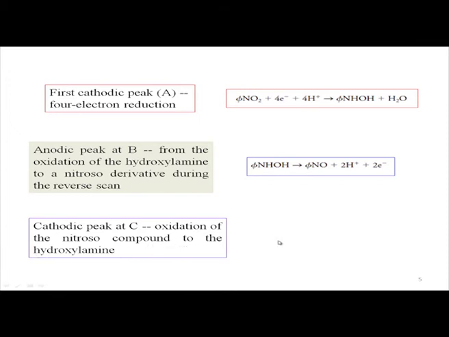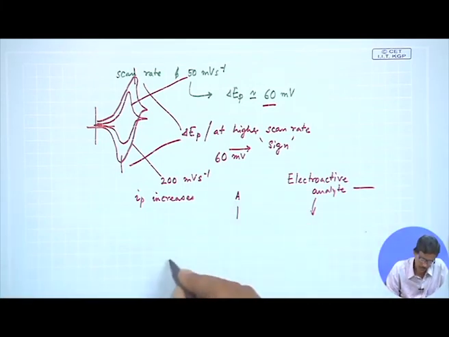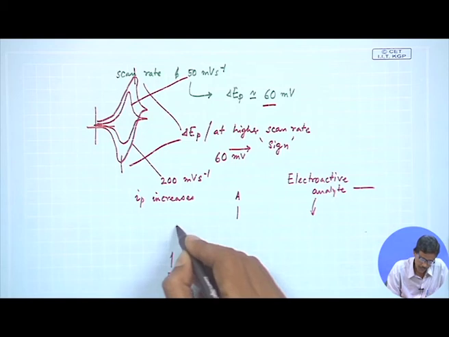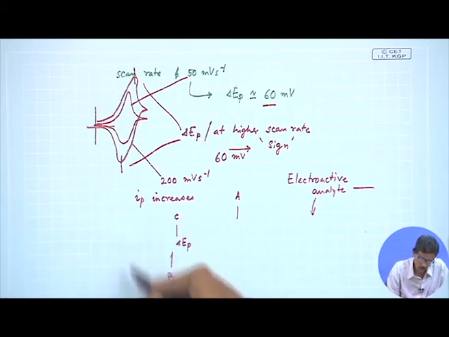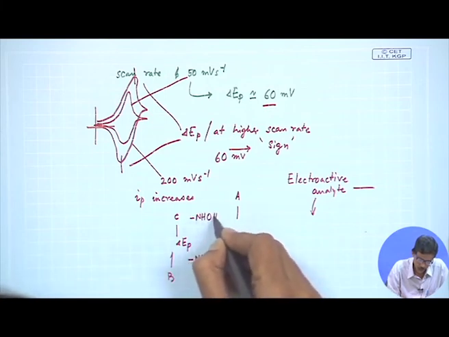This NO can now be reduced, the nitroso compound going to the hydroxylamine compound. So somewhere you have A here, then you have the B peak and then you have the C peak, and these two are basically close to reversible.